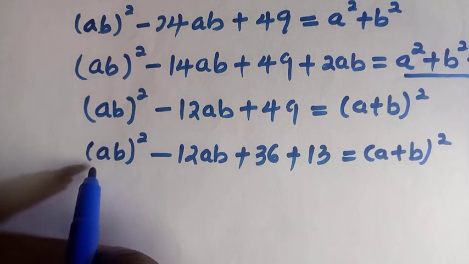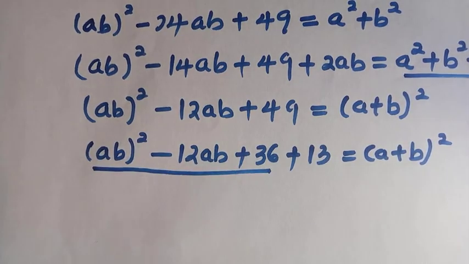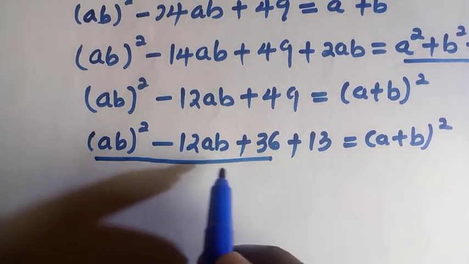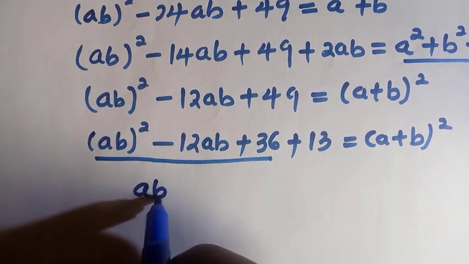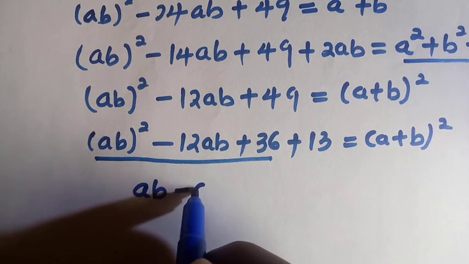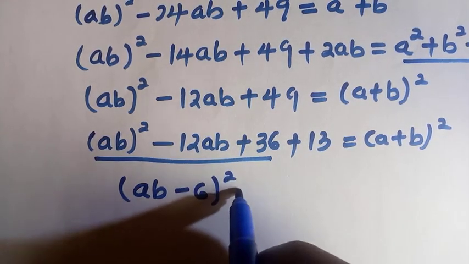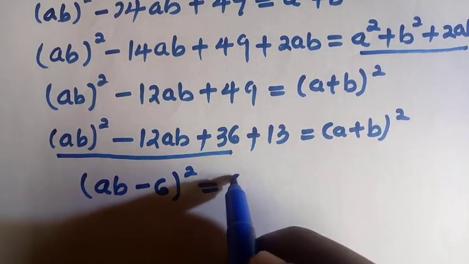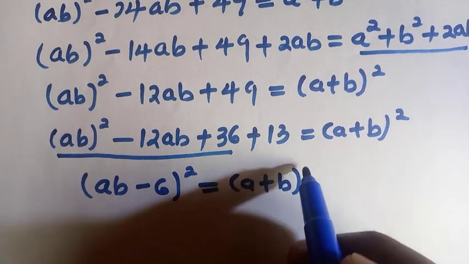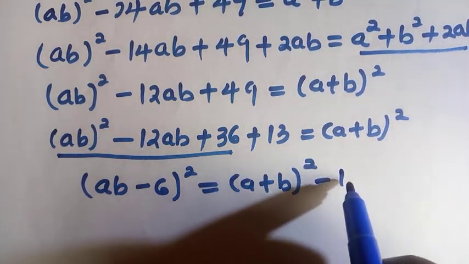And we should know that these terms with 36 can be contracted to (ab - 6) all raised to the power of 2. So, transferring 13 to the other side, we have (a + b) raised to the power of 2 minus 13.